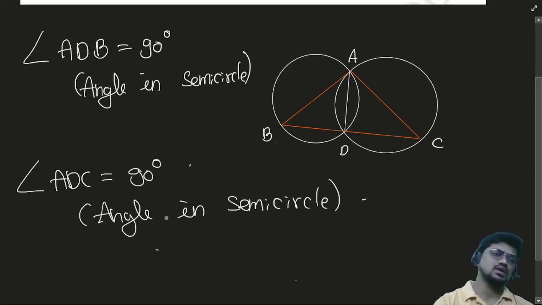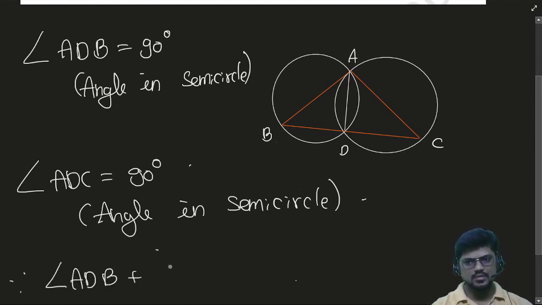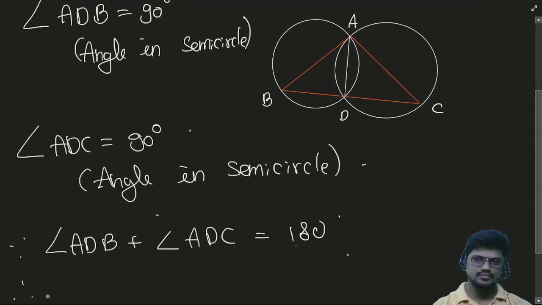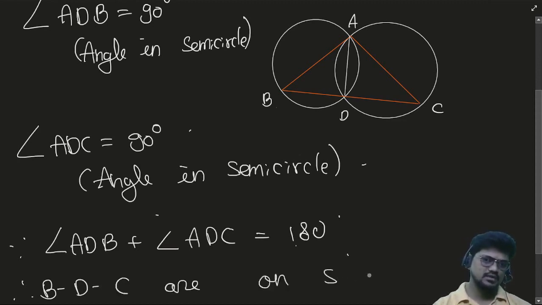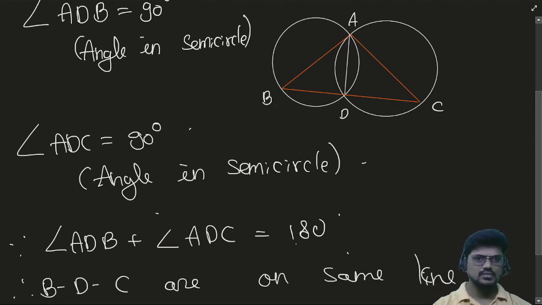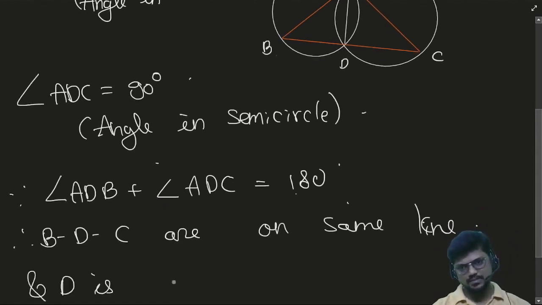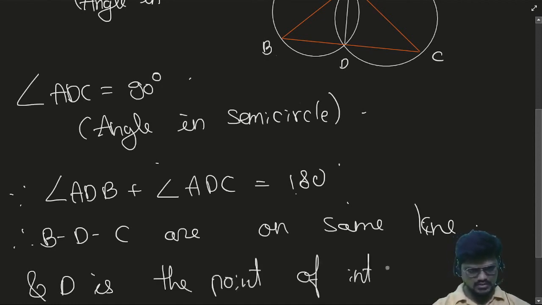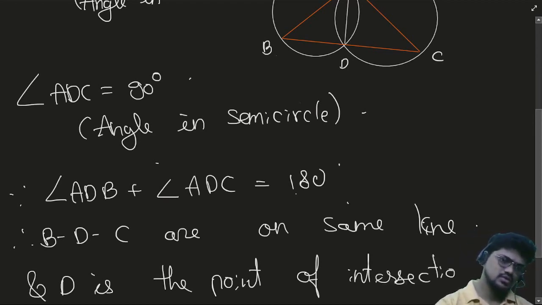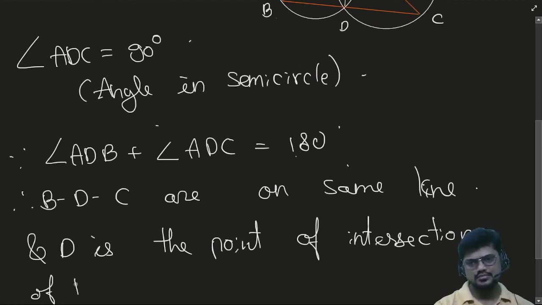Then what can I say? Since angle ADB plus angle ADC equals 180 degrees, therefore B, D, C are on the same line, and D is the point of intersection of the circles.